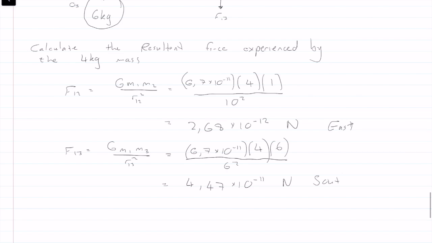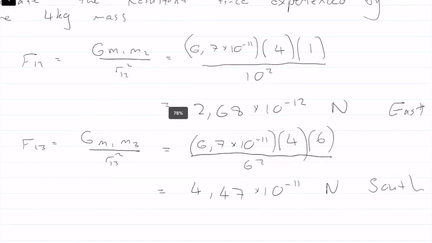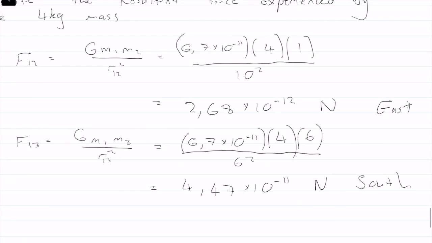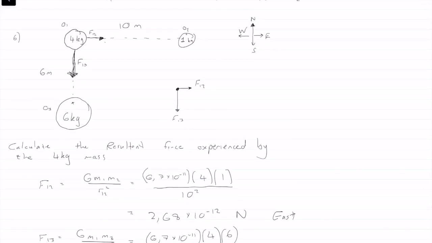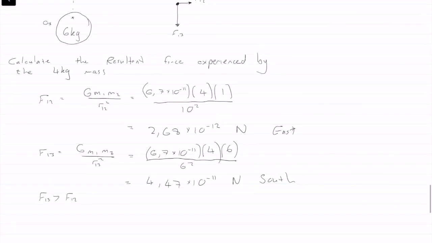If we look at these forces, it's clear that force 1, 3 is greater than force 1, 2, which is what we expect because the mass of object 2 is smaller than the mass of object 3. Now we've calculated these forces and they want the resultant force.